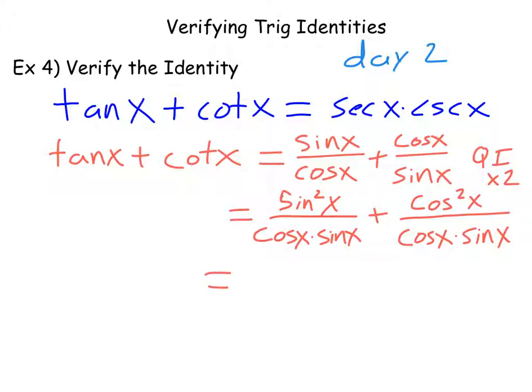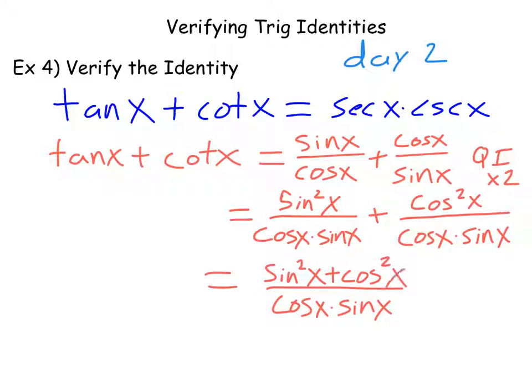Every time I do that, what I want is to then combine the 2 terms by adding them, and the top, which I've already noticed led to squared trig functions, which automatically makes me think, I bet you at some point I'm going to use a Pythagorean identity. Okay? Anytime you get squared trig functions, that's probably what's going to happen.